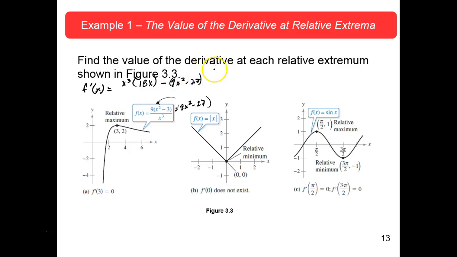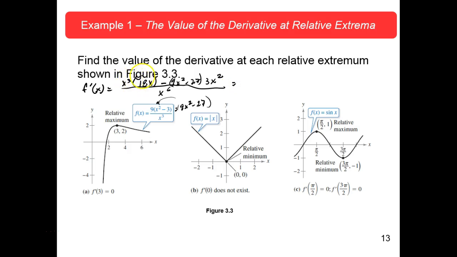And what's your d low? 3x squared. All over x cubed squared, which would be x to the 6th. All right.